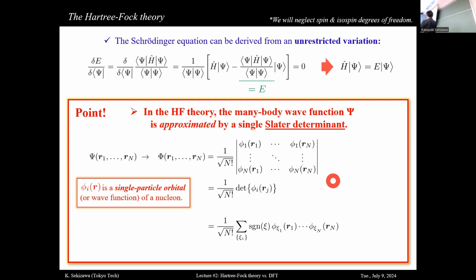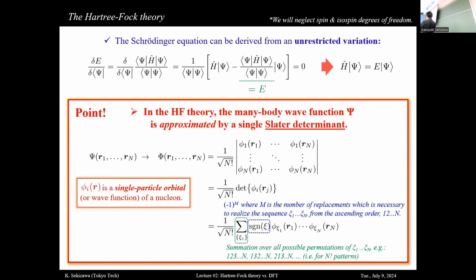So this is a shorthand notation of this determinant, or we may write this determinant as a summation over all possible permutations, with plus or minus sign depending on the number of permutations.